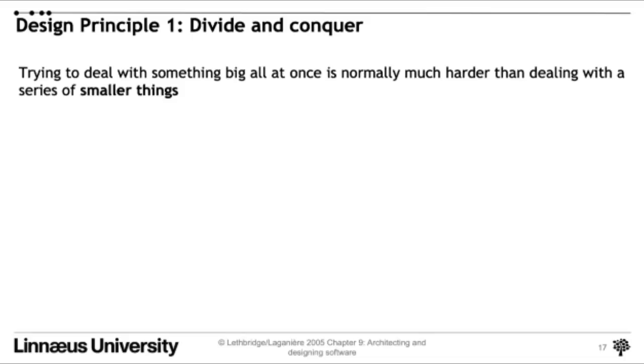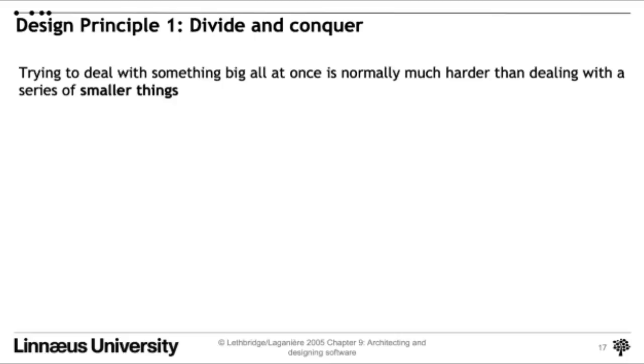First design principle is divide and conquer. That's something that we already introduced before. Trying to deal with something big at once is much more difficult and harder than dealing with a small problem. So the first principle is always to understand what is the software architecture that we want to provide to our problem.